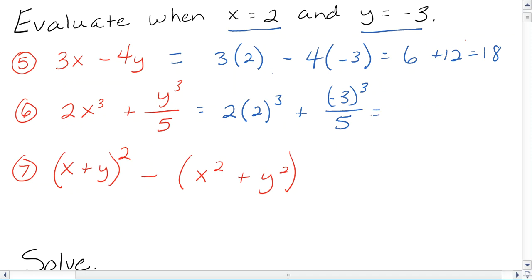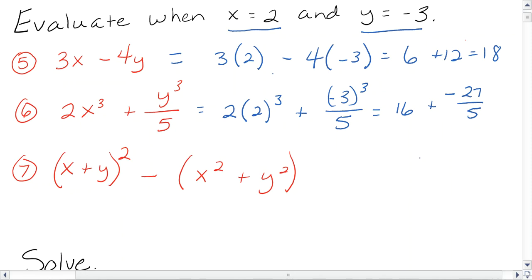Taking care of the exponents first, 2 to the third is 8. 8 times 2 is 16. -3 to the third is -3 times itself 3 times, which is -27 over 5. So we need to change these to common denominators so we can add them.